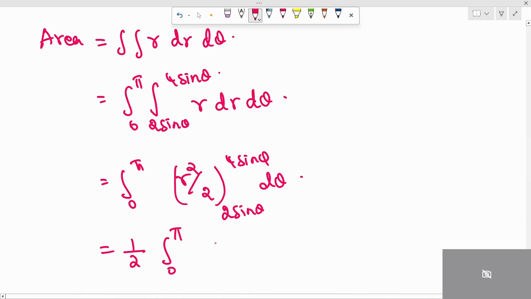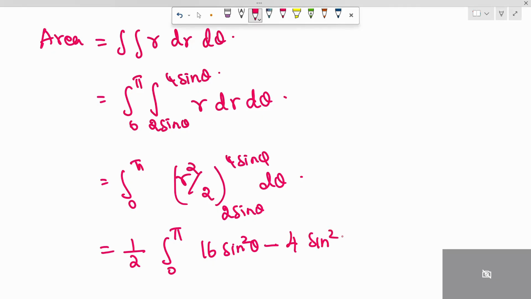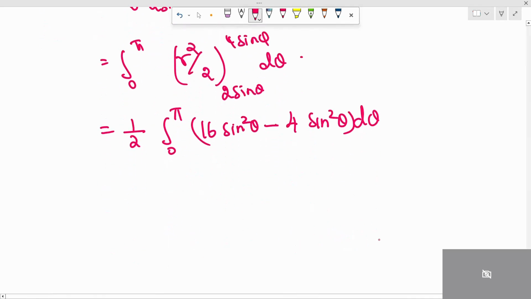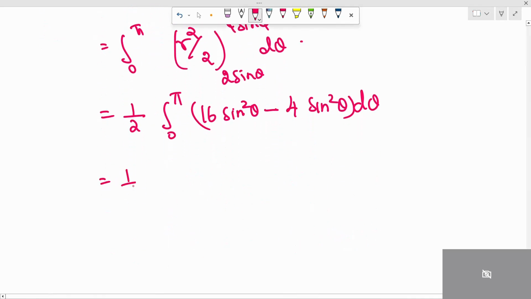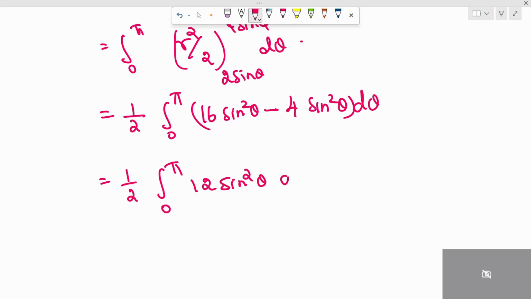First apply the upper limit value in r. R square here means 4 square is 16 sin square theta minus 2 square is 4 sin square theta, d theta. So 1 by 2 into integral 0 to pi, 16 sin square theta minus 4 sin square theta will be 12 sin square theta d theta.